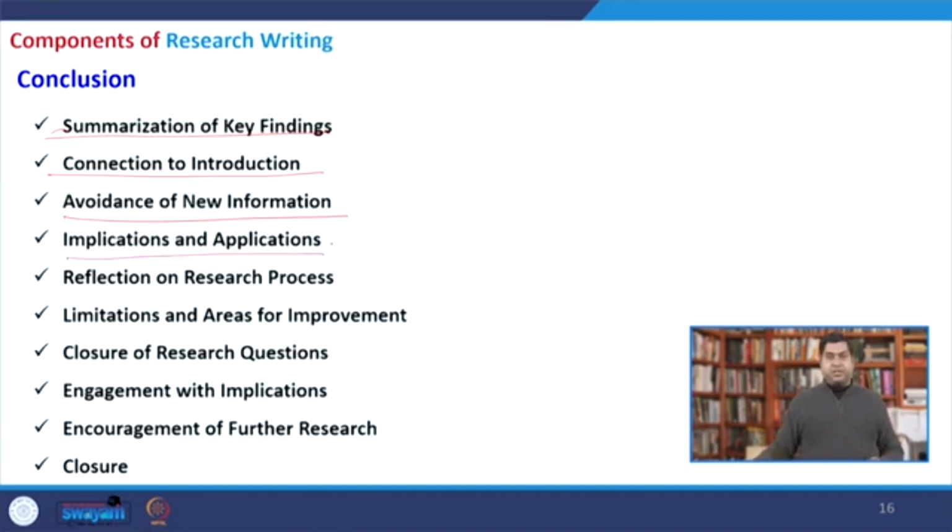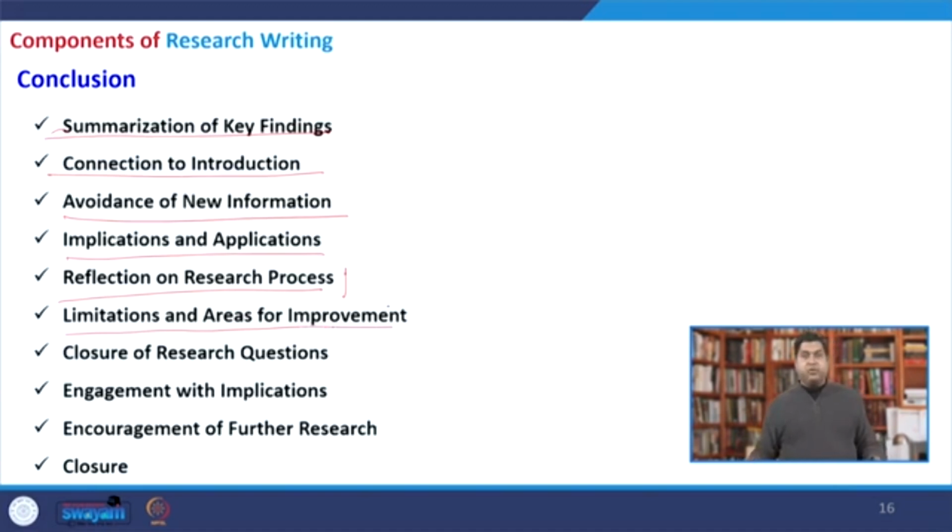Implications and applications: whatever you have written in the discussion, you just summarize in a very short form. Reflection on the research process: if you have done something like a new concept that you have developed, a new methodology you have tried, new methods you have tested for your context, you can also write that part.